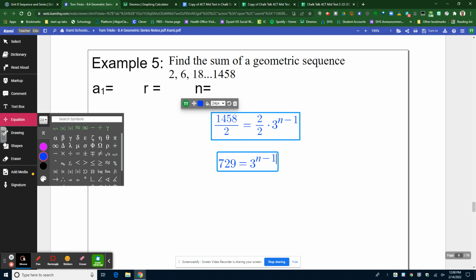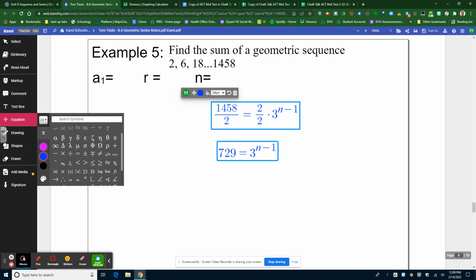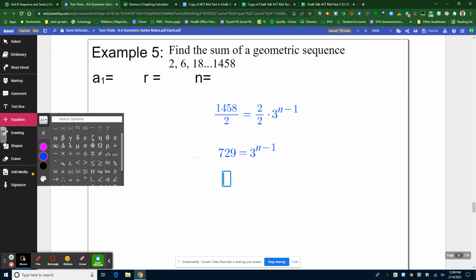I could look at the card, but it doesn't go up high enough. But you know what? 3 to the 5th power is 243. What do you think 3 to the 6th power is? 729. So ready? Control A, Control C, Control V, and then change the left-hand side to 3 to the 6th power.